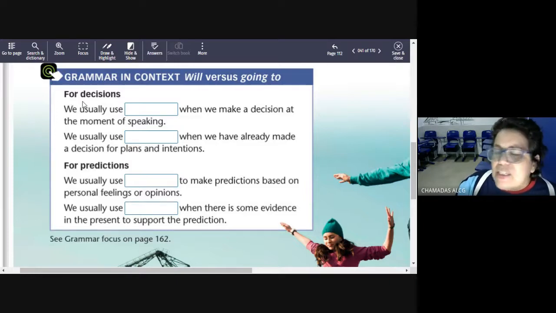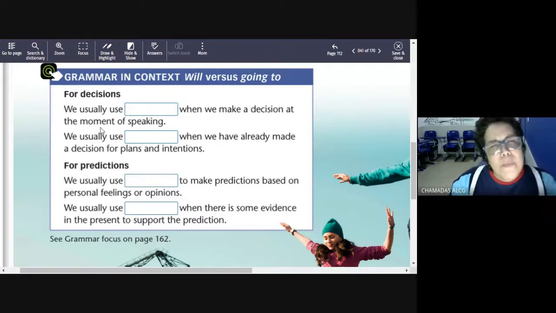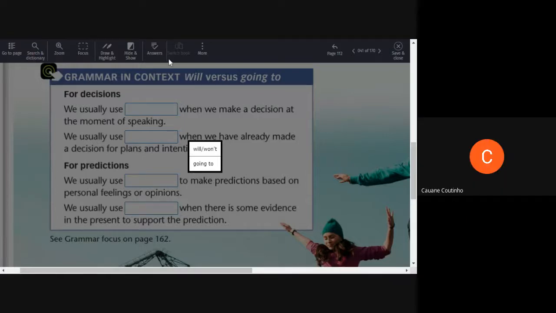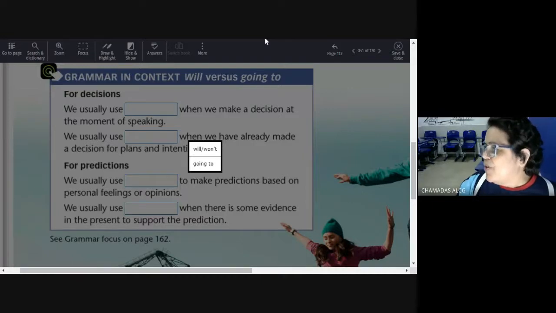Let's see. For decisions and for predictions, okay? Two situations. The first one, we usually use when we make a decision at the moment of speaking. Which one do we use? Will, won't, or going to? Won't. Ah, very good.